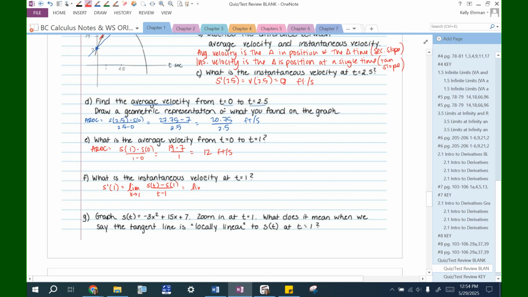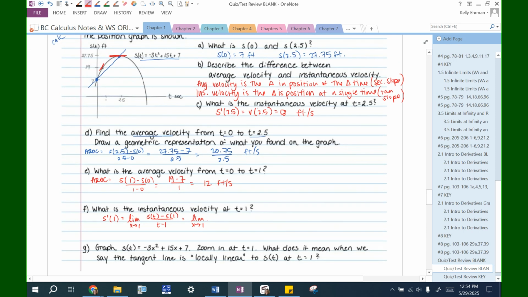So that's the limit as x approaches 1 of negative 3t squared plus 15t plus 7 minus 19 all over t minus 1. This should be a t, not an x. Sorry. T approaches 1. So this is negative 3t squared plus 15t minus 12.